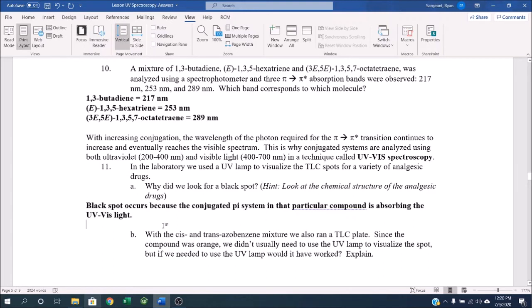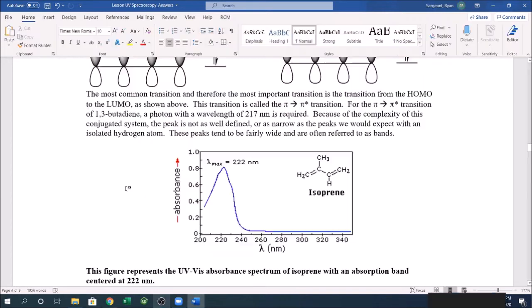If you've worked in a biochemistry or a molecular biology laboratory, proteins and DNA have conjugated pi systems. And the conjugated pi system has a specific absorbance at a given wavelength. And you actually set up a detector when you're trying to identify the presence of DNA to look for that particular wavelength. The point is that UV-Vis spectroscopy does get used quite a bit in very simple ways in order for us to identify the presence of a conjugated pi system.